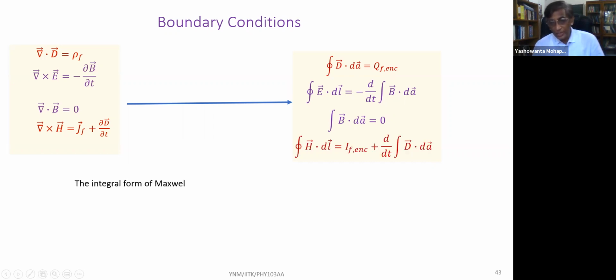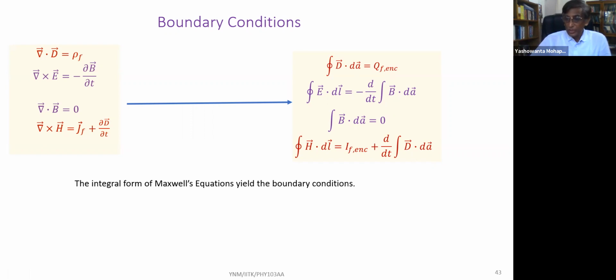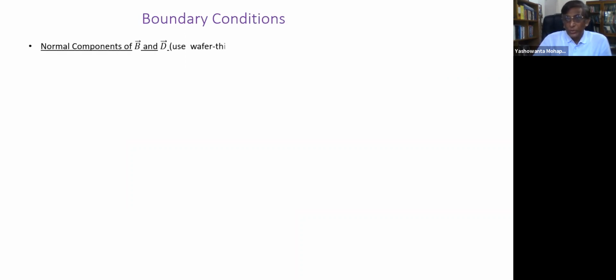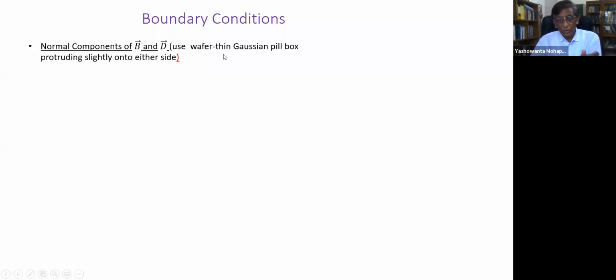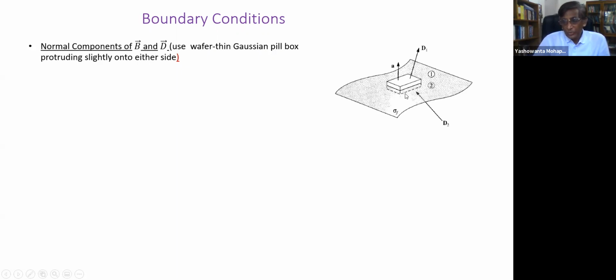So the point is we always find the boundary conditions from the integral form of Maxwell's equations. Let's go through boundary conditions again quickly. For the normal components of B and D, what do we use? We use a wafer-thin Gaussian pillbox, protruding slightly into material 2 and material 1.